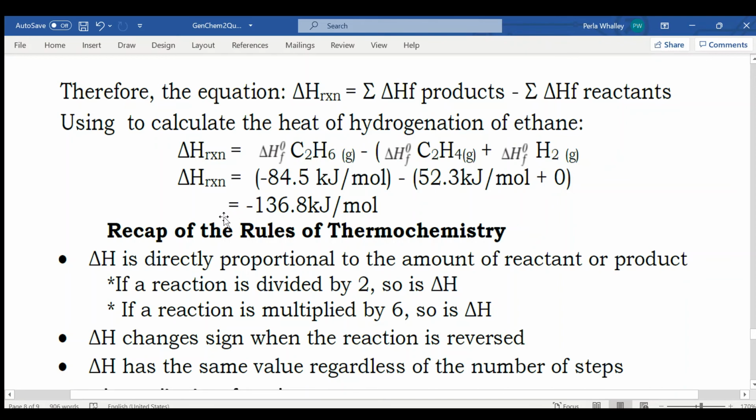The answer is equal to negative 136.8 kilojoules per mole. So when subtracting, you need to change the sign here to negative and then proceed to addition. That is why the answer is negative 136.8 kilojoules per mole.